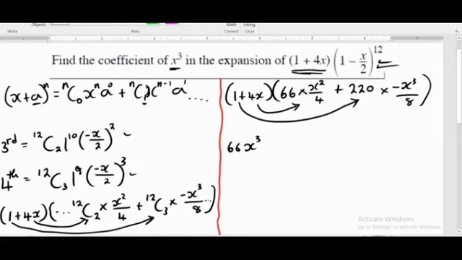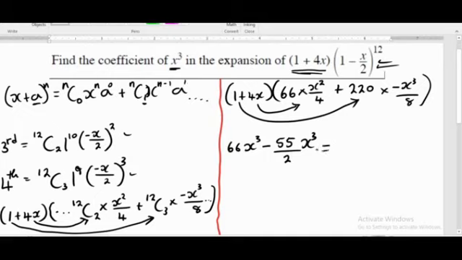Remember the minus, so this will be minus 55 divided by 2, x power 3.